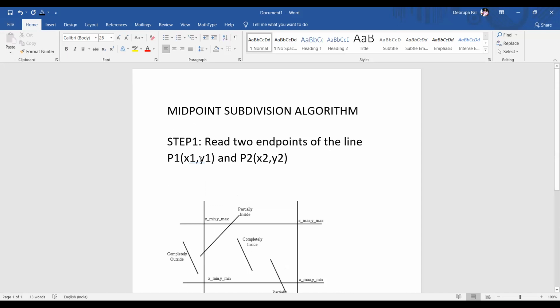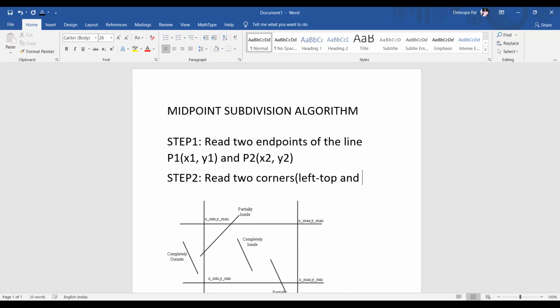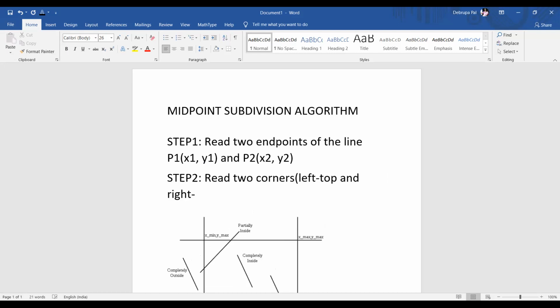Second step. What is step 2? Read two corners of the window. What are the two corners? Left top and right bottom.